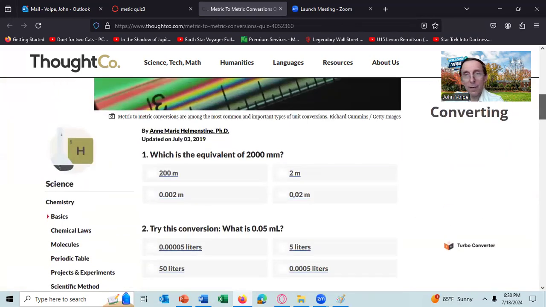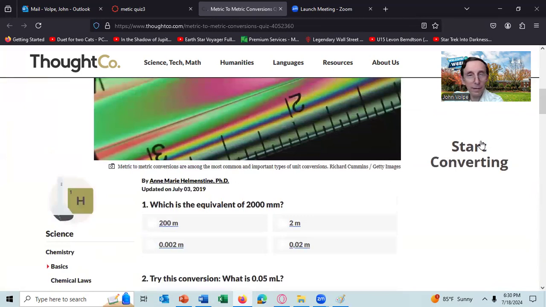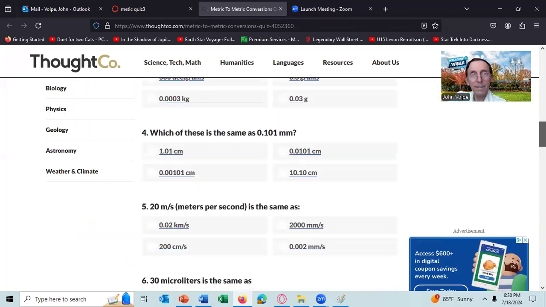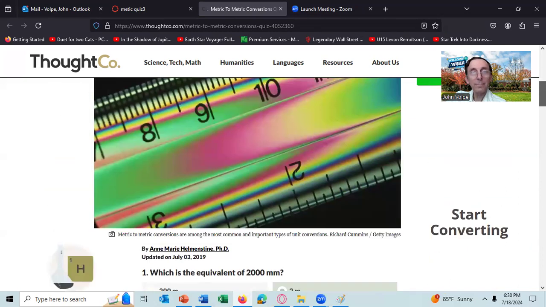It may be you need to download something on your computer to get this one to work because I don't see which is the equivalent of 2,000 millimeters. That would be 2 meters. Well, that didn't seem to do anything. All right.